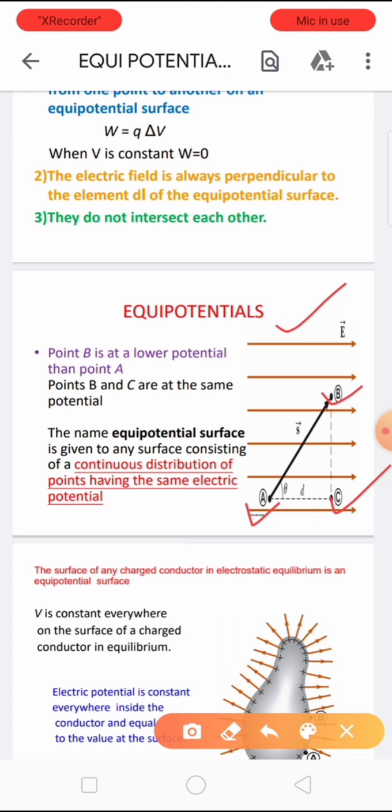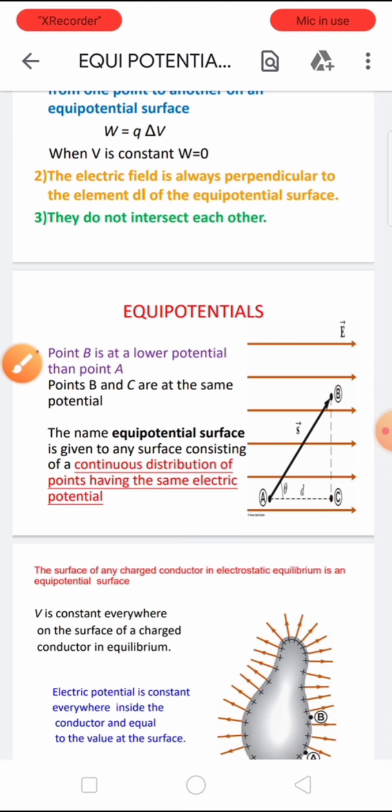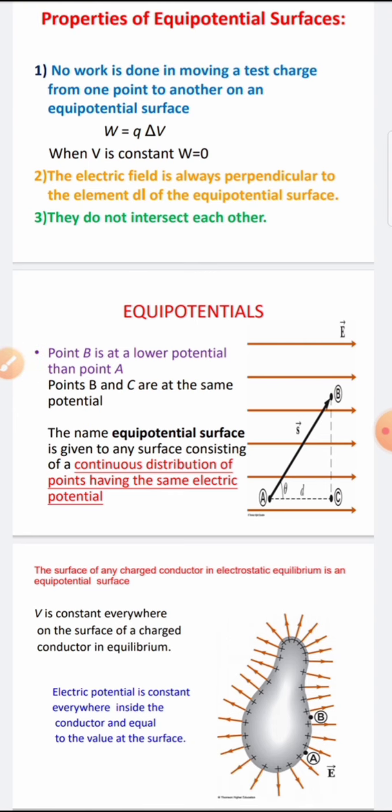If you consider the BC line, the potential at B is equal to the potential at C. If you draw a surface like this, then B and C lie on the surface. So at points B and C the potential is constant, and at point B the potential is less than that of A.